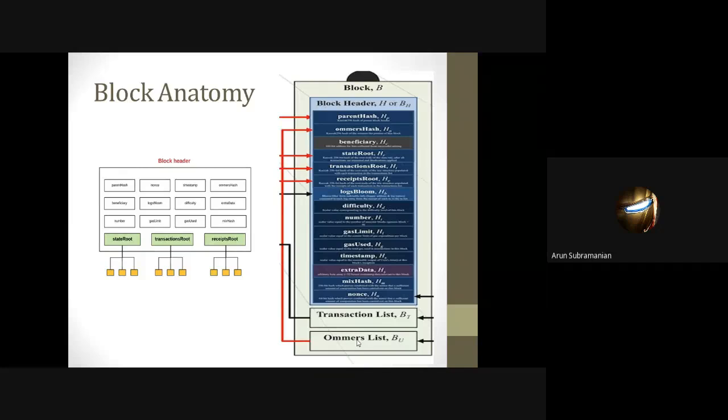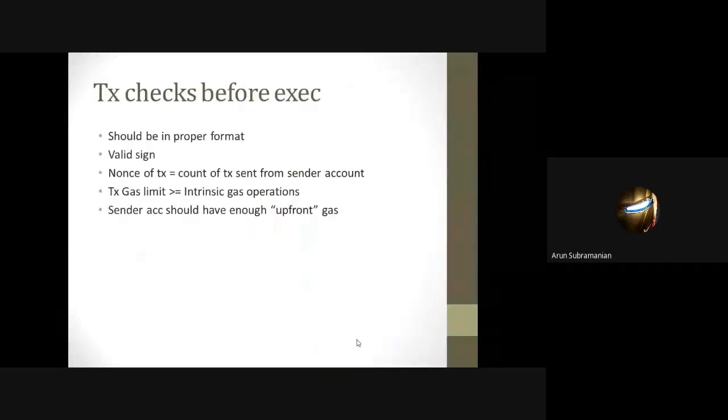So this is the block anatomy that we have. As I said earlier, before executing a transaction, some pre-checks should be done. If they didn't do the pre-checks properly, they might lose their ethers or their gas points.